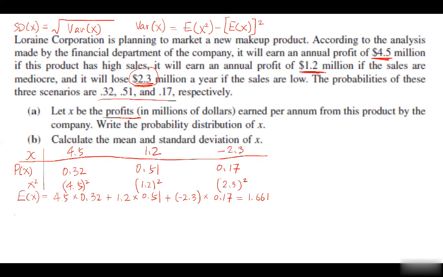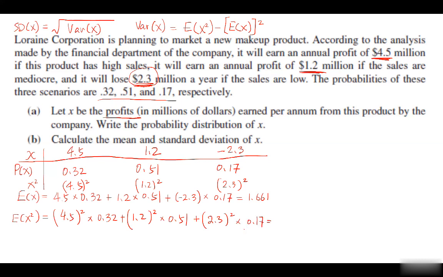Okay, so E[X squared] is 4.5 squared times 0.32 plus 1.2 squared times 0.51 plus 2.3 squared times 0.17, right?